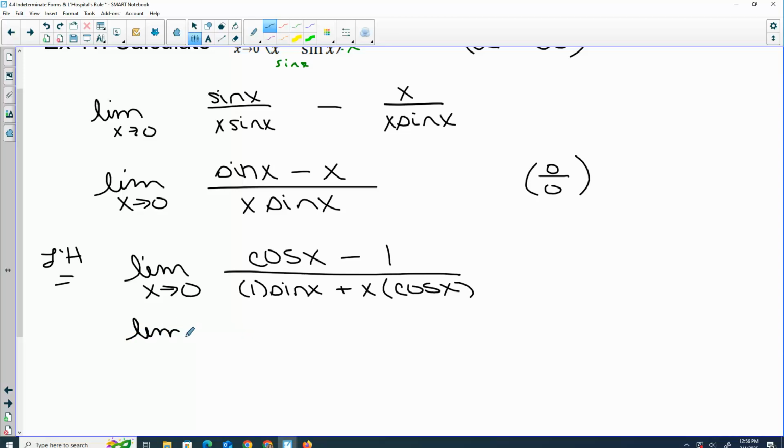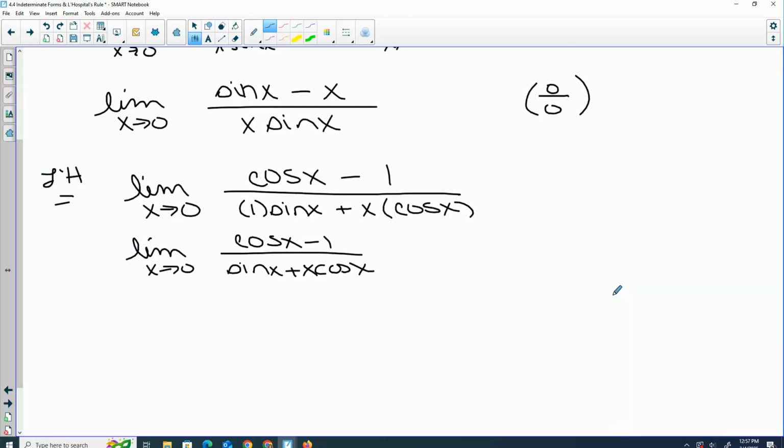So we have another x approaching 0. Cosine x minus 1 over sine x plus x cosine x. Alright, initially this doesn't look better. Let's see. Cosine of 0 is 1 minus 1 is 0. On the bottom we have 0 plus 0 times 1, so it's still 0 over 0.